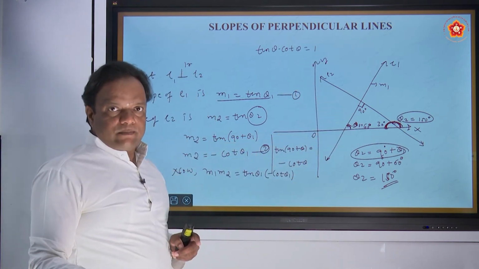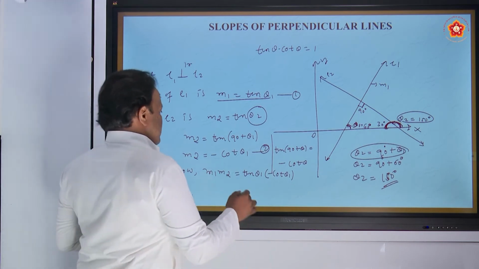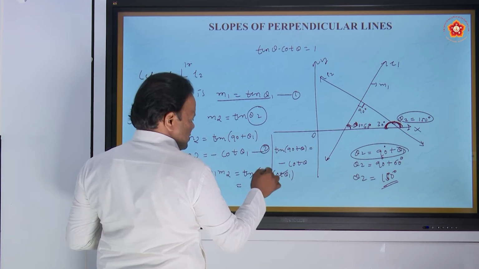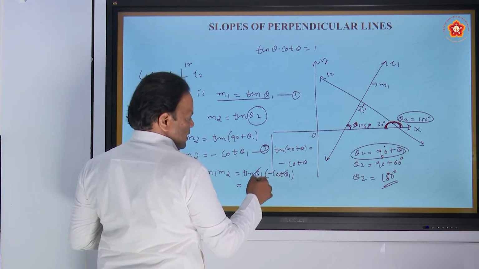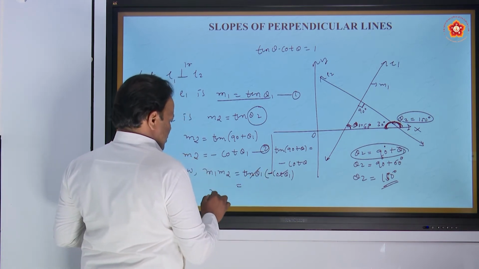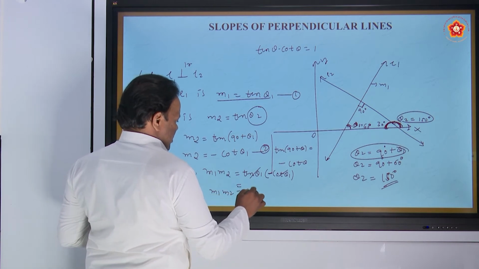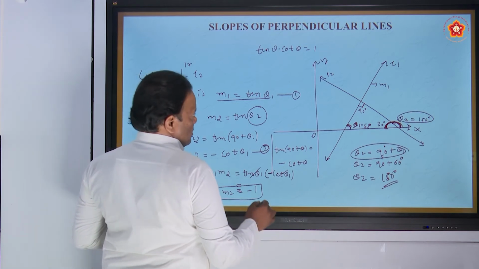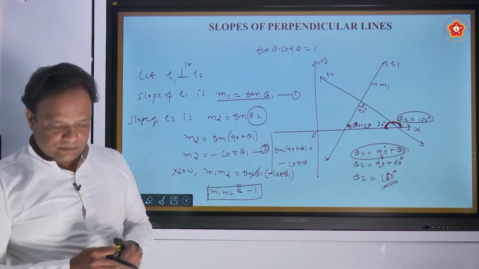So tan theta 1 and cot theta 1 multiply to give 1, but there is a minus here. So m1 into m2 is equal to minus 1. What is your conclusion here?